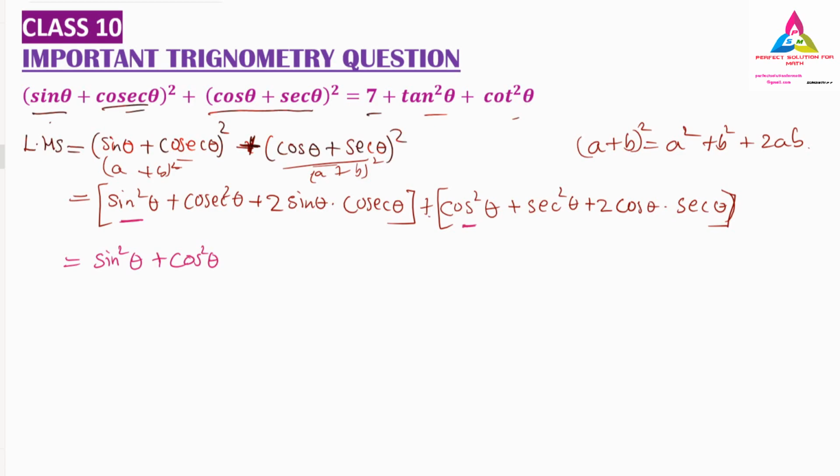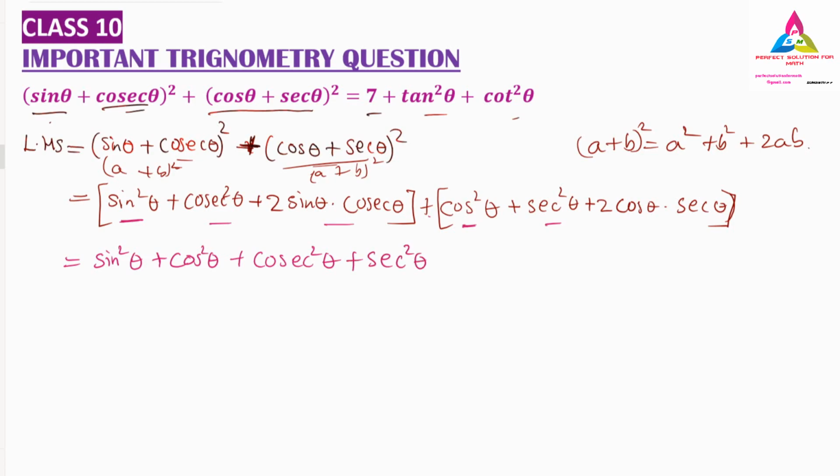Next, the second group: we have cosecant square theta and secant square theta, which we can write one-sided. So I will write plus cosecant square theta plus secant square theta.